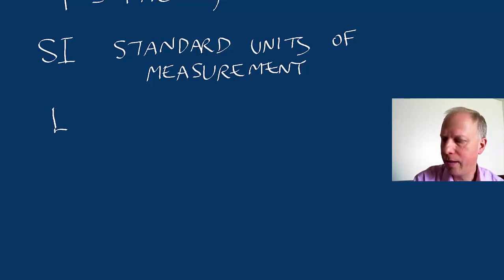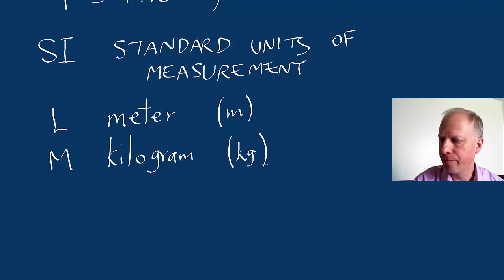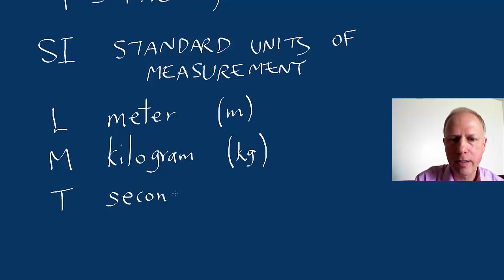The unit of length is the meter, abbreviated with a little m. The unit of mass is the kilogram, abbreviated as little kg. And the unit of time is the second, little s.